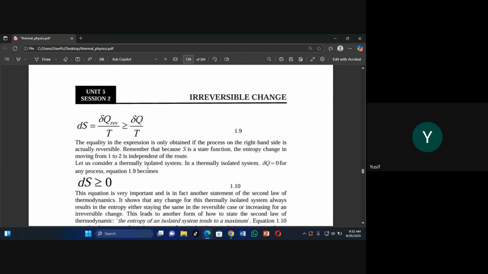Let us consider a thermally isolated system. In a thermally isolated system, the Q is 0 for any process. So when you are talking about a thermally isolated system, it means at the end of the day there's no heat transfer between the system and its environment. There's no change in temperature. And if Q is 0, it means the whole integral of dQ over T is 0, because 0 over T is 0.